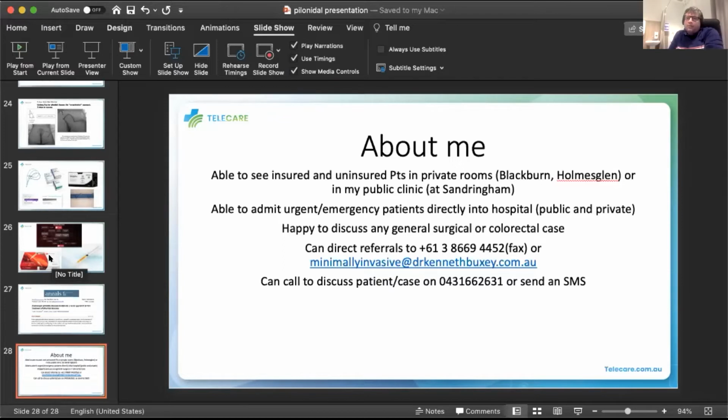But in pilonidal management, basically the patients have either an abscess or a network of sinuses that contain hair, infected material, and are epithelialized. So if you want that problem to go away, you need to remove the infection, the epithelium, and the hair.